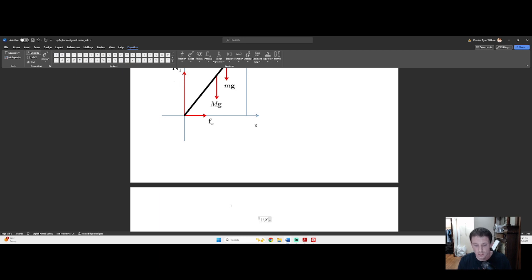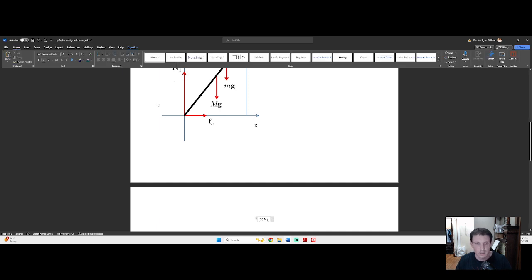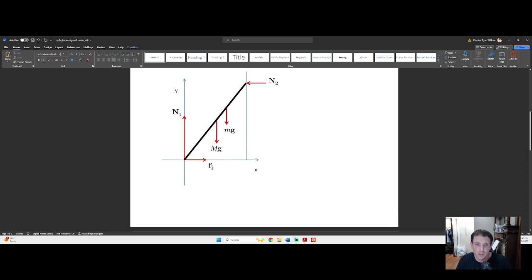Let's do this. The net force in the x direction, I'm going to make the font a little bit bigger. I don't know how helpful this will be, but let's see. The net force in the x direction is just going to be the static friction force, which prevents the ladder from sliding out, and the normal force up here.